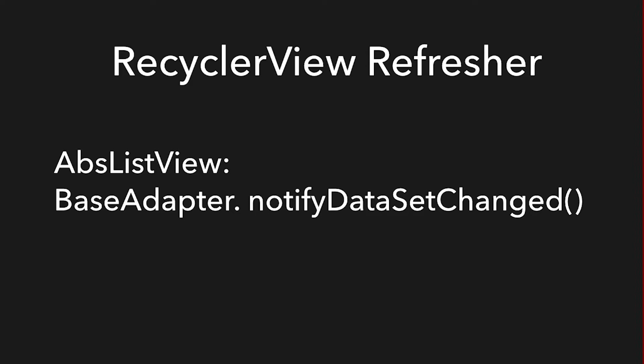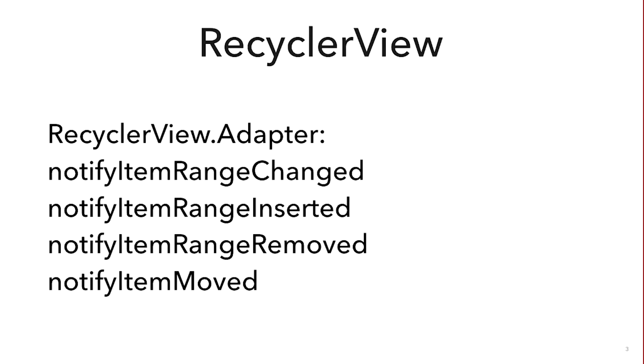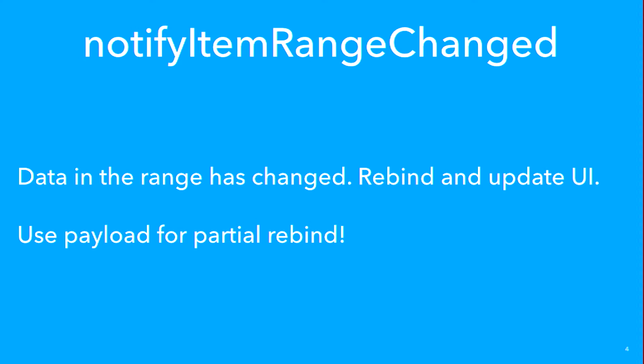And then RecyclerView came along, and RecyclerView's adapter gives us these notify methods: notifyItemRangeChanged, notifyItemInserted, removed, and moved. And for the range ones, there are utility methods, of course, for single items. I'm reiterating this for emphasis, as it'll come in handy later. notifyItemRangeChanged is not a structural event.